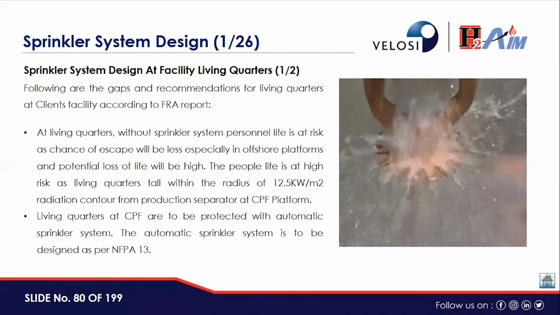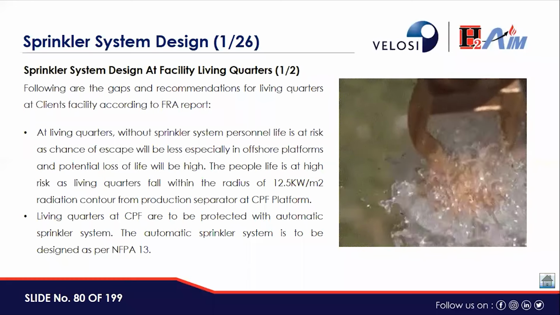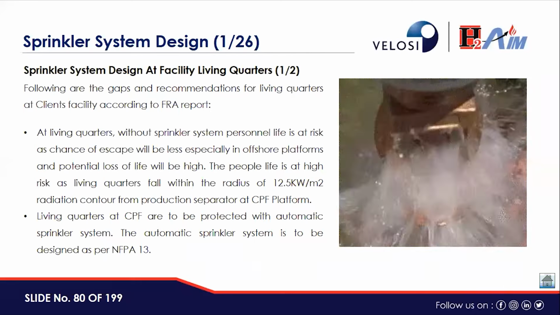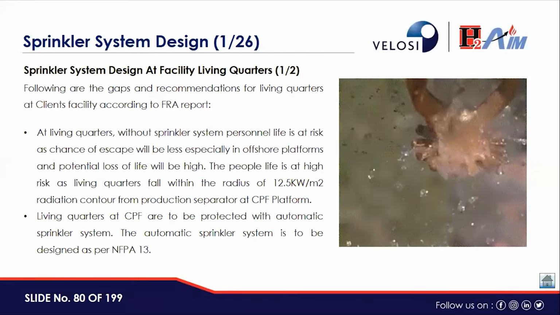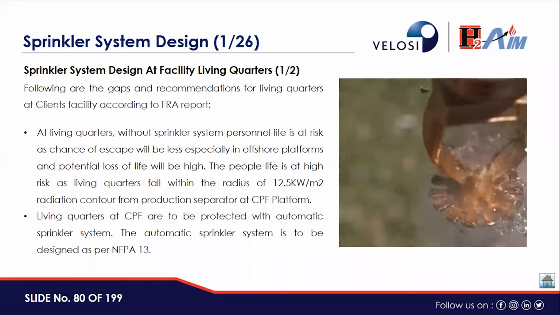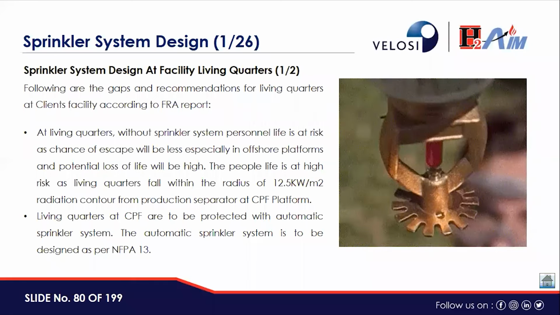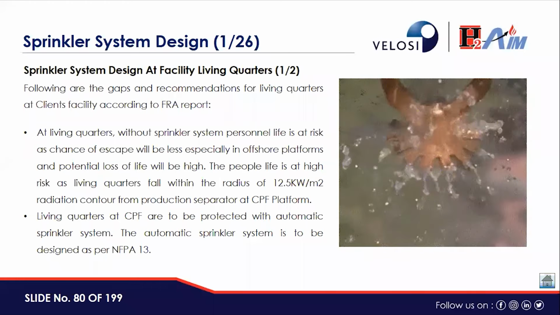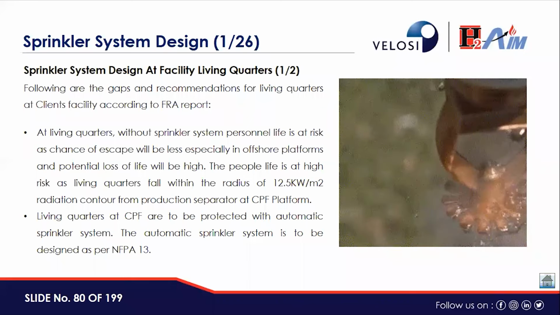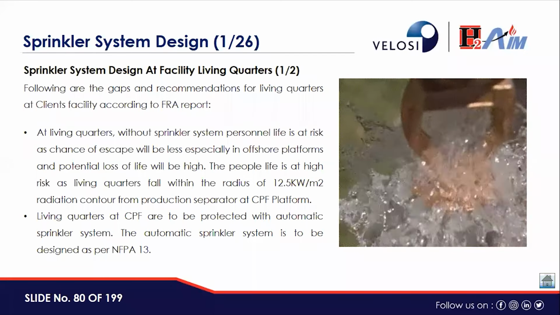So basically, for the sprinkler system design at facility living quarters, there was an RFA report, and gaps and recommendations were provided in that report. At living quarters without a sprinkler system, personnel life is at risk as the chance of escape will be less, especially on offshore platforms, and potential loss of life will be high.